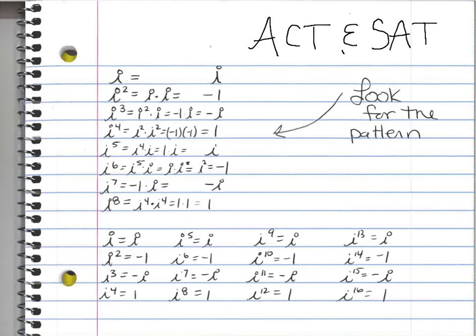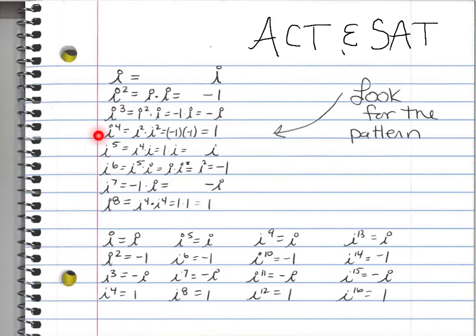If you follow along, right here we have i, and then we multiply it by another i, i times i becomes i squared, which is negative 1. If I want to figure out i cubed, I take i squared times another i. Since i squared was negative 1, negative 1 times i becomes negative i. So i cubed is negative i.